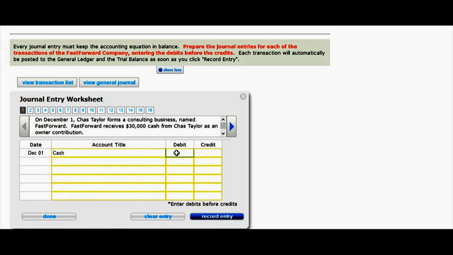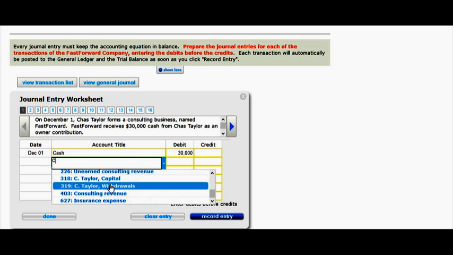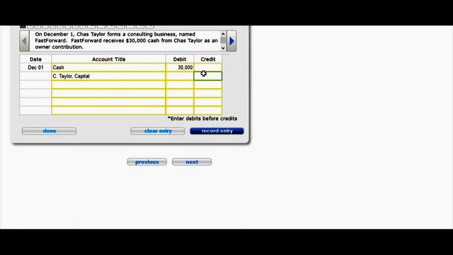It's increasing, and so we will record that on the debit side. I didn't have my numlock clicked, and so it got cranky with me. And the credit then should be C. Taylor Capital, and it's again $30,000. Record your entry.